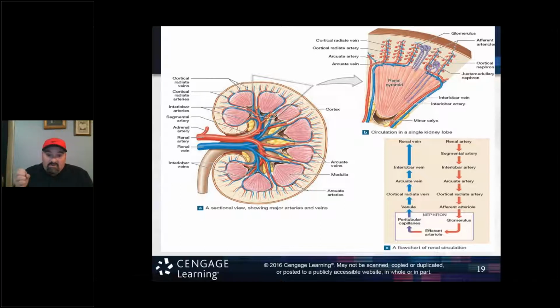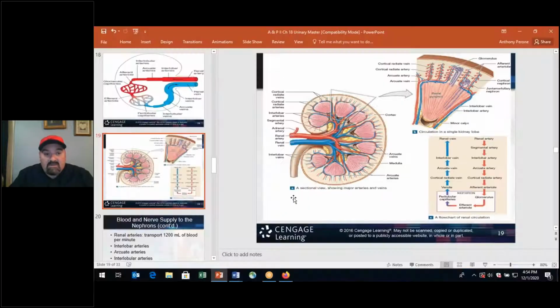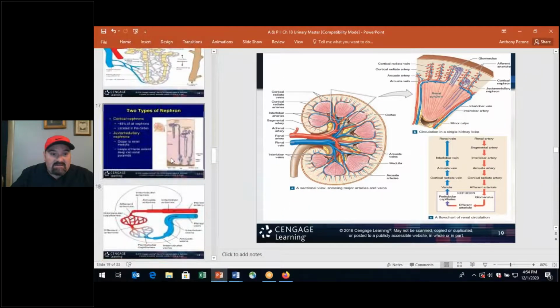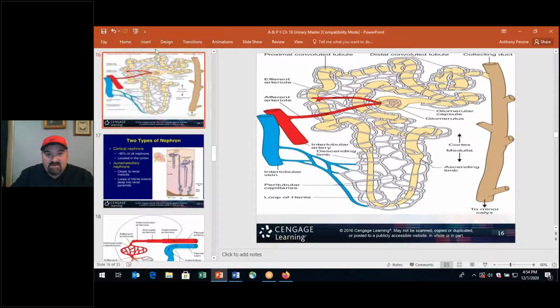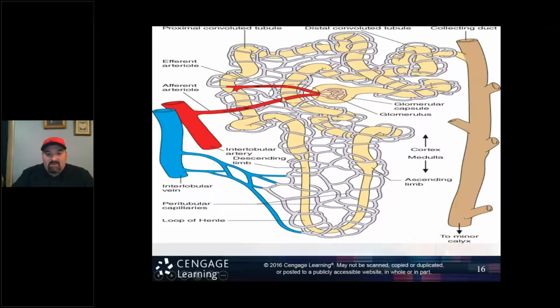As you're looking at this image, you're seeing these peritubular capillaries covering the tubular network of the nephron, okay? And as such, we're going to put fluid and nutrients back into the cardiovascular system via reabsorption, or secrete back into the tubular network.